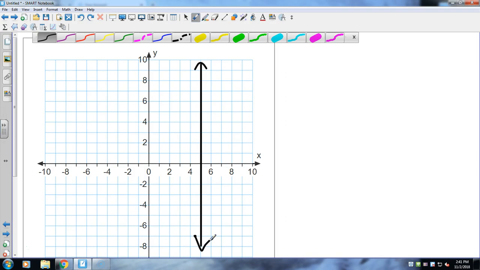That's going to be x equals 5. That can be considered slope-intercept form, though we don't have a slope on that one because it's vertical, and it's not going to have a y-intercept because it's not hitting the y-axis.